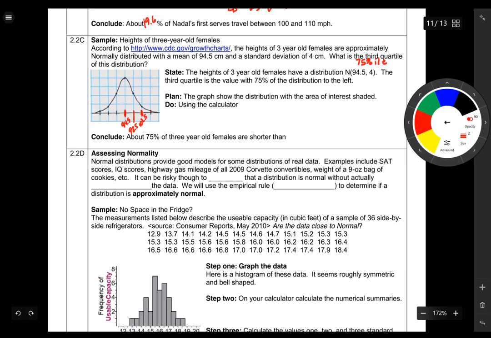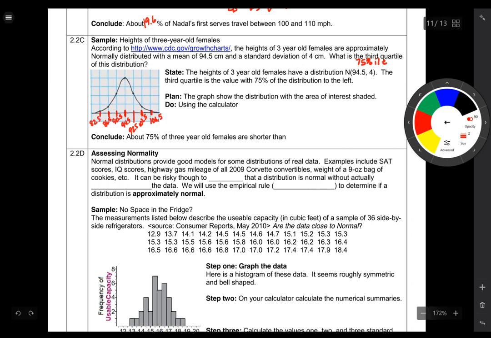And this one would be 106.5. Okay, this would be 90.5. This would be 86.5. And this would be 82.5.